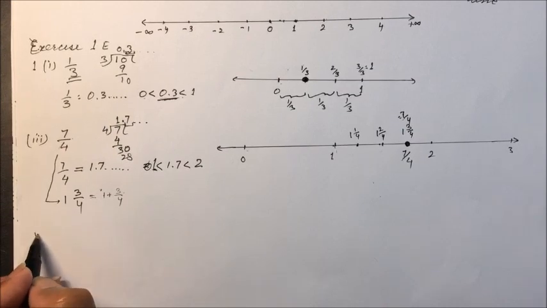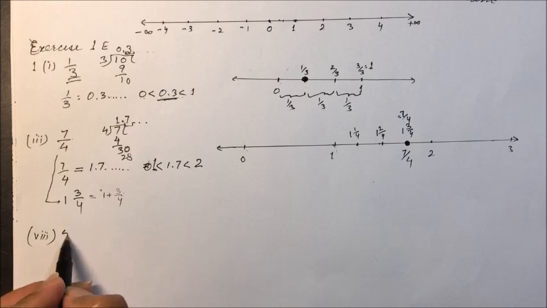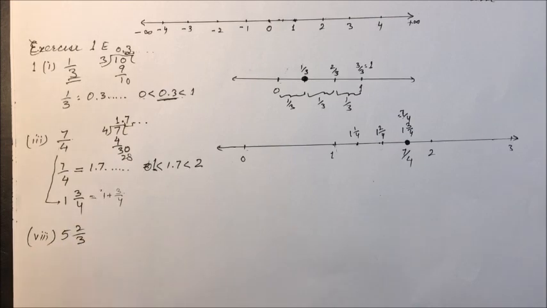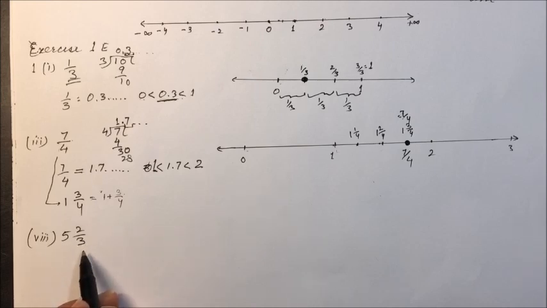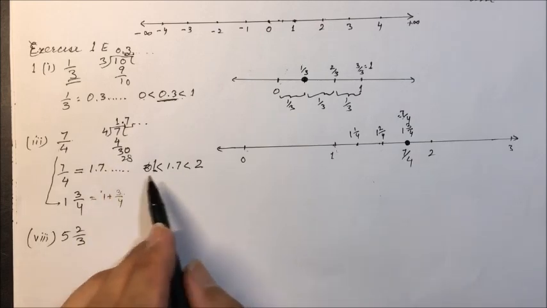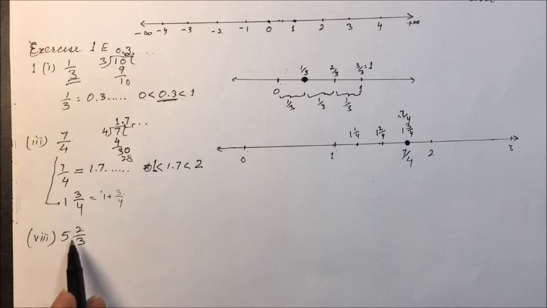Now I'll be discussing 8th. 5 2 by 3. Either you can convert into decimal and see where it could lie, or now we can easily figure it out as well. 5 plus 2 by 3. So it will lie between 5 and 6.